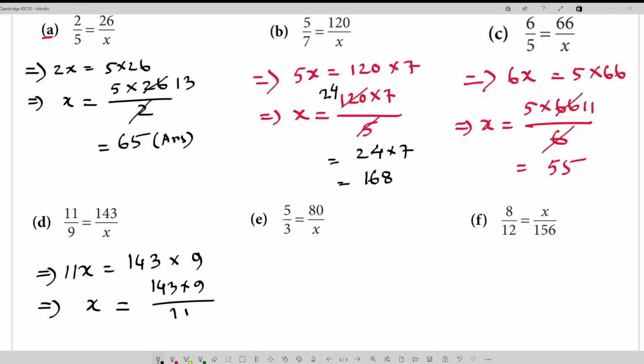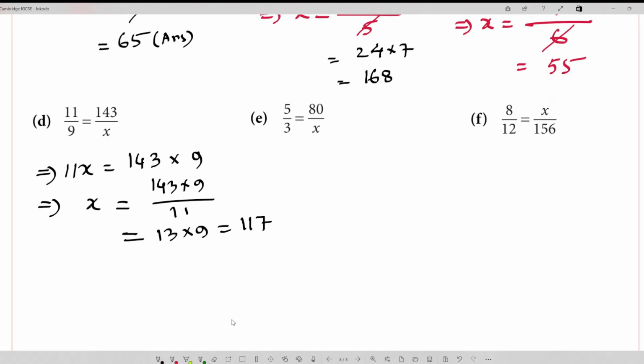Now 143 divided by 11 will be 13, right? It will be 13 times 9. What is the result? 13 times 9 means 117. Okay, so we can write 117 here.